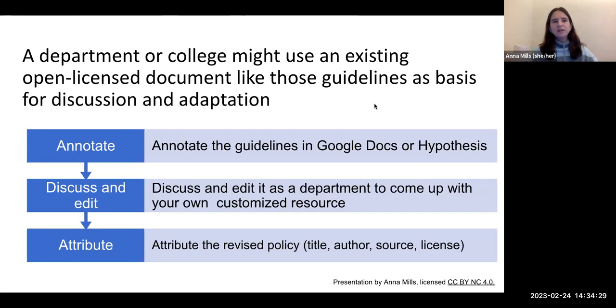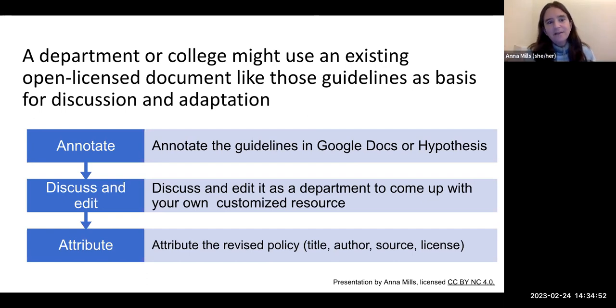So one could imagine a process where, say, a department or a college starts with one or more of these documents and collaboratively annotates them. Maybe using Google Docs or Hypothesis for social annotation, you could have department members weighing in on the wording or parts that they like.